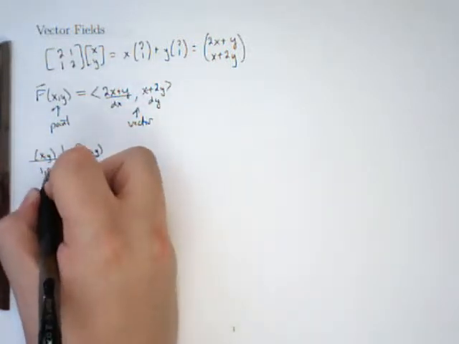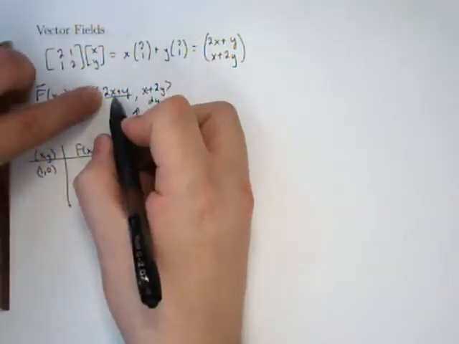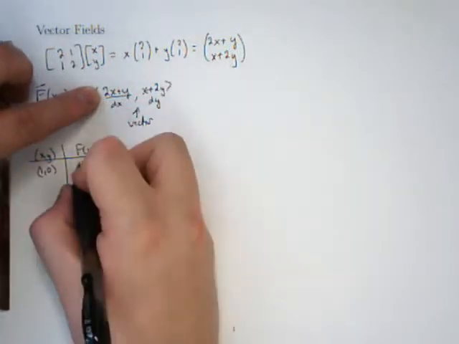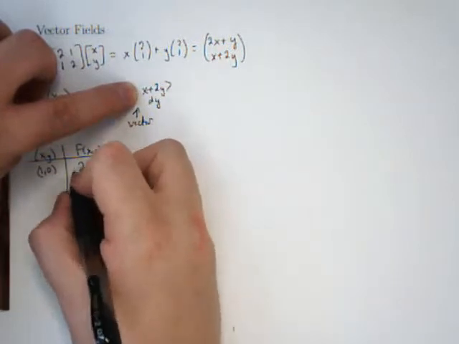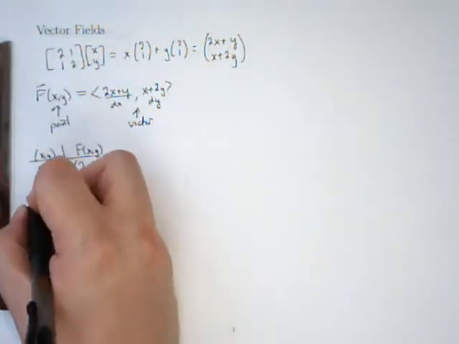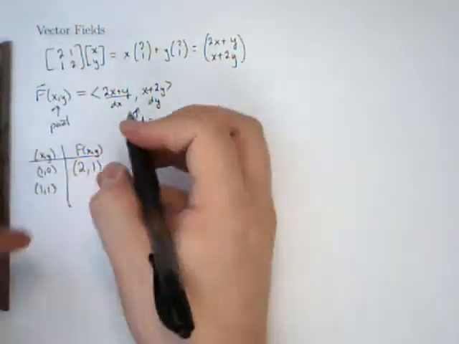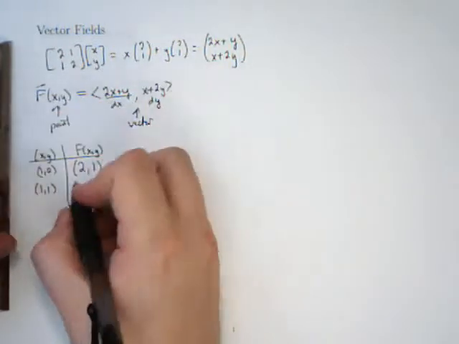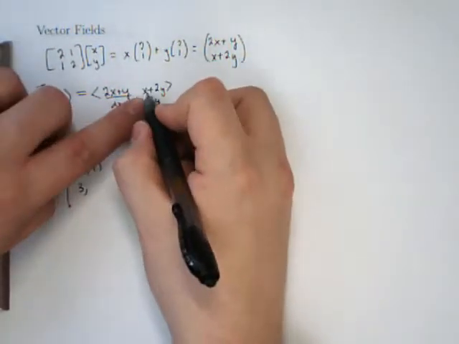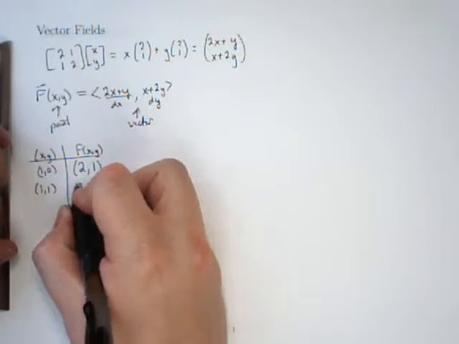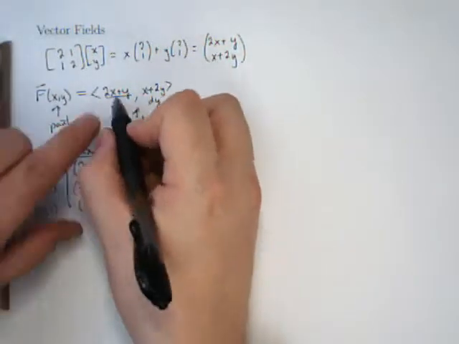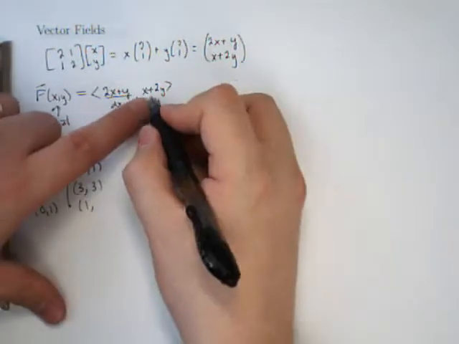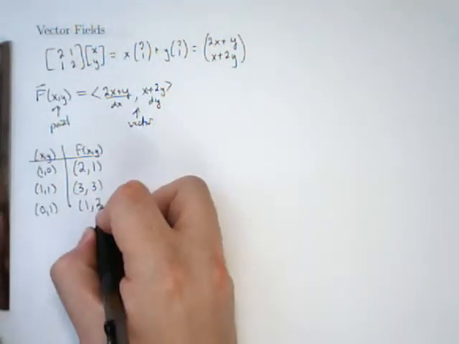So if you put in the point (1, 0), for example, you get 2 plus 0, which is 2. If you put in a 1 for x and a 0 for y, you get out a 1. Well, if I put in (1, 1), then I get out 2 plus 1 is 3, and 1 plus 2 is 3. I can also put in (0, 1), which gives me 0 plus 1 is 1, and 0 plus 2 is 2.